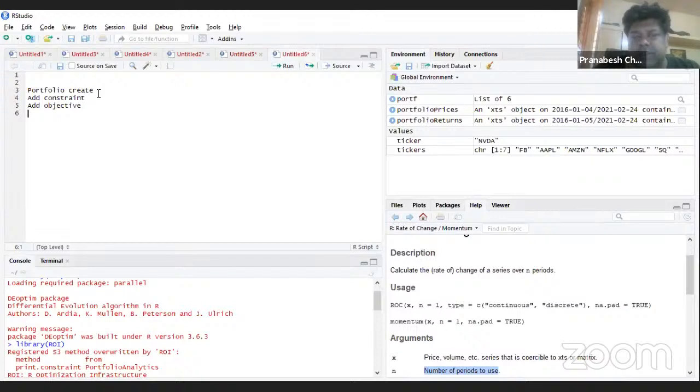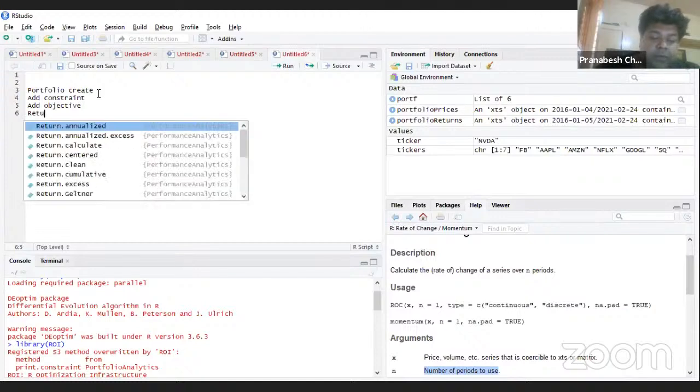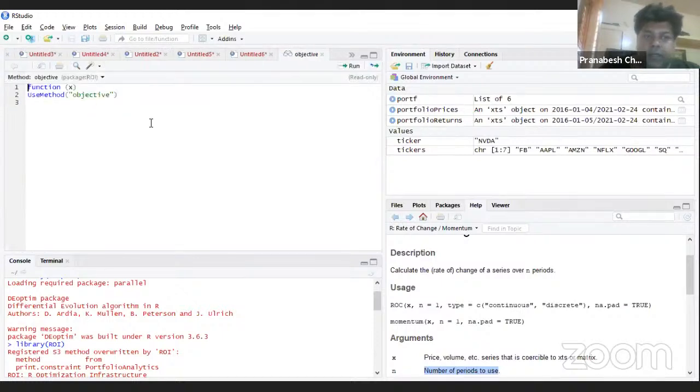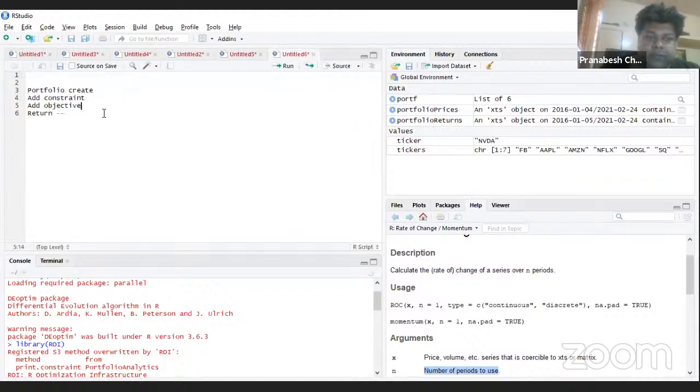So that is where you specify your objective. In fact, there is another thing called the return model, but that's something that we don't use a lot. But these three are the most important in our entire analysis or creation of a portfolio.